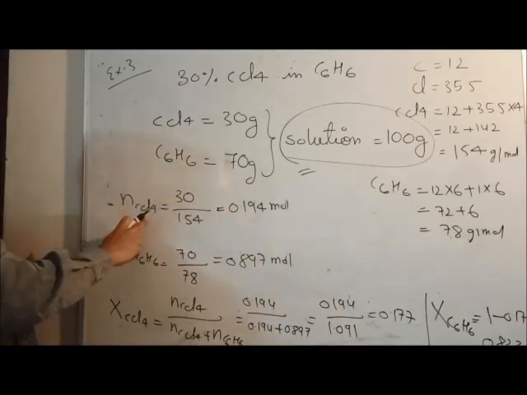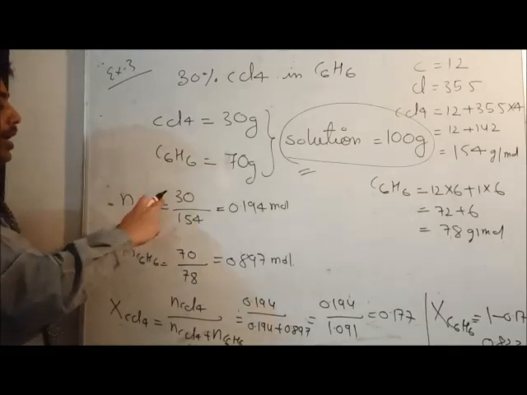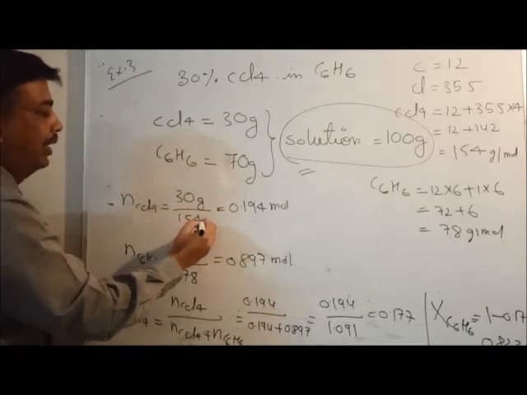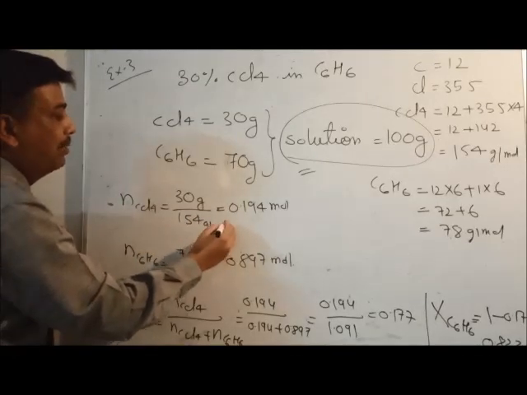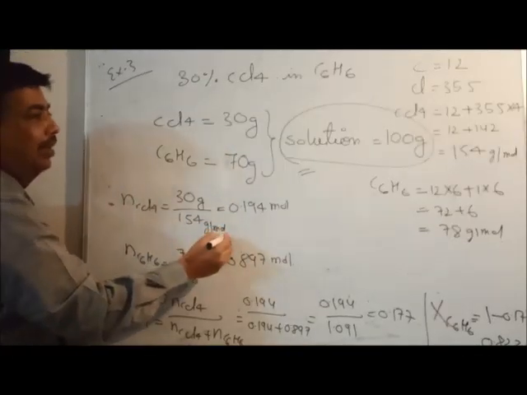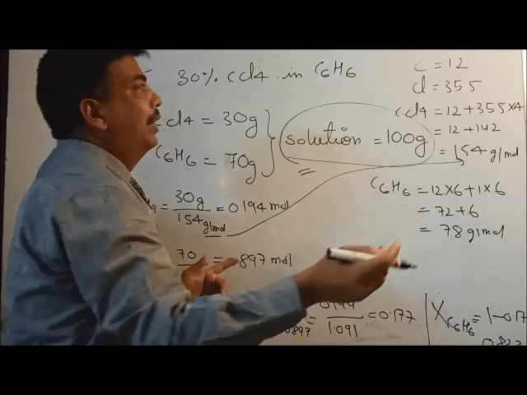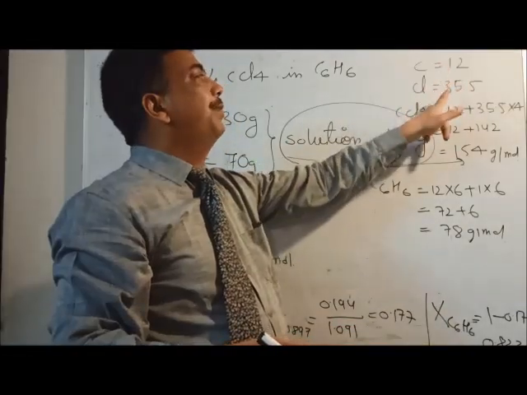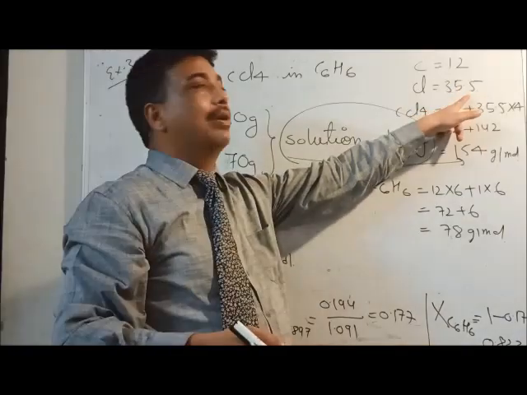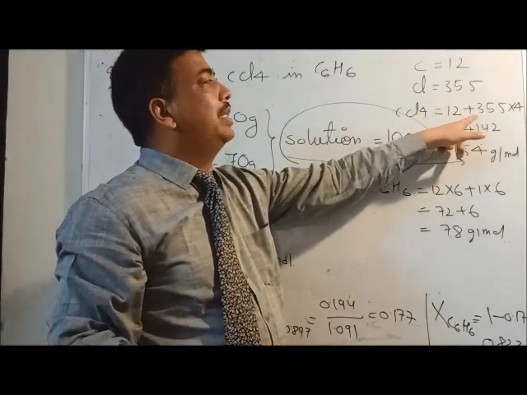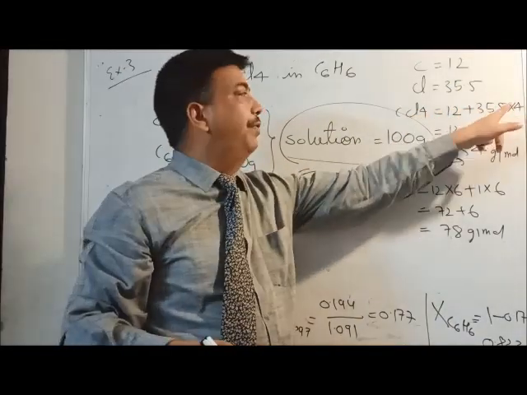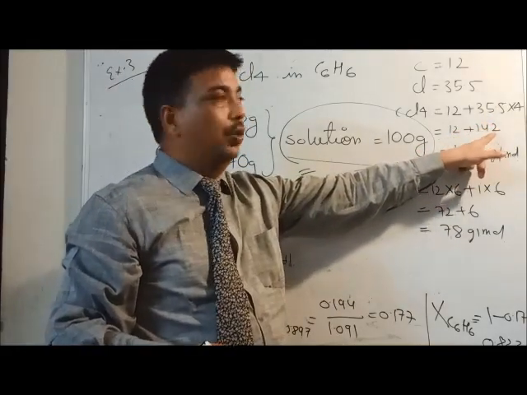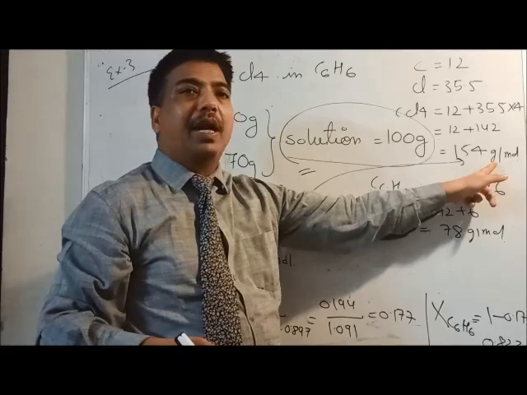The number of moles of CCl4 is mass in gram of the solute divided by molar mass of CCl4, which we have calculated here. CCl4 means mass of carbon plus 4 times the mass of chlorine here. So 12 plus 35.5 into 4, that comes out to be 12 plus 142 is equal to 154 gram per mole.